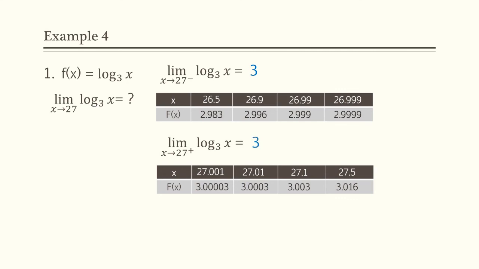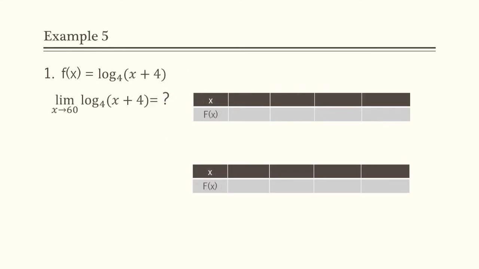In this data, we can say that the limit of the function as x approaches 27 from the right is 3. Therefore, we can now conclude that the limit of logarithm of x base 3 as x approaches 27 from both sides is equal to 3. Next example.